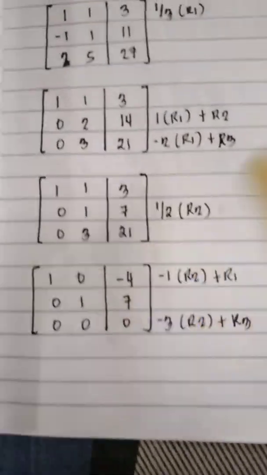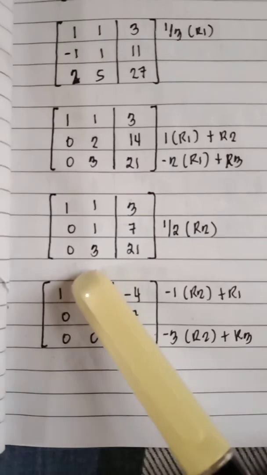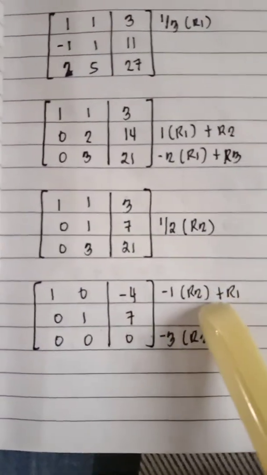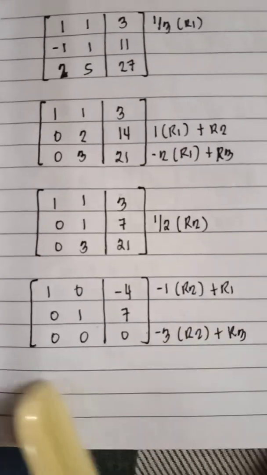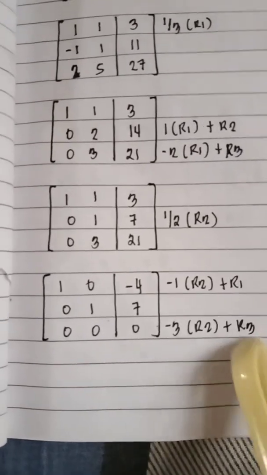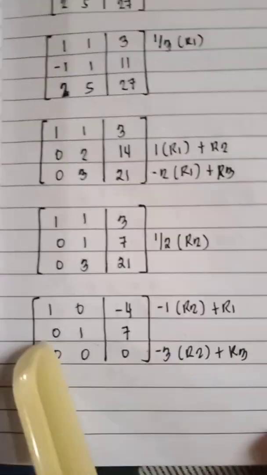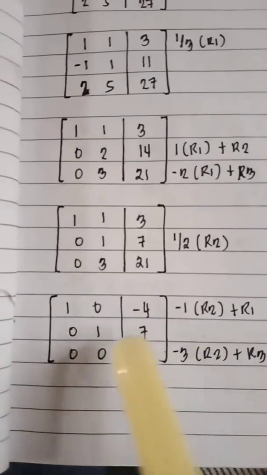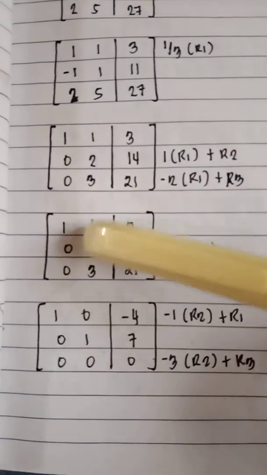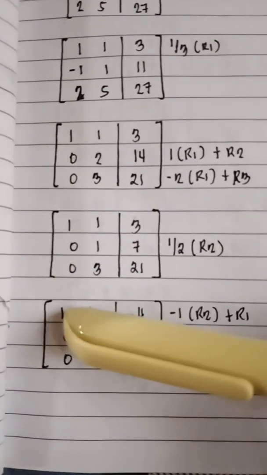Now, we will make the 1 and 3 into zeros. The formula that we use is negative 1 R2 plus R1, and in row 3 is negative 3 times R2 plus R3. We will just copy first row 2: 0, 1, 7. So negative 1 times 0 plus 1 is equal to 1.